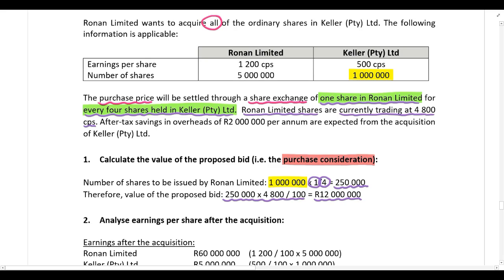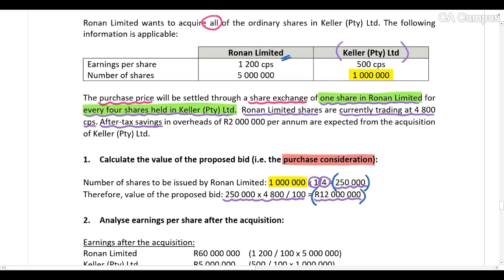But it's important that you understand the shareholders of Keller Pty Limited are not going to be given 12 million rand for their shares. No, they are going to be given 250,000 shares in Ronan Limited, and those shares are worth 12 million rand, but they don't receive 12 million rand in cash.